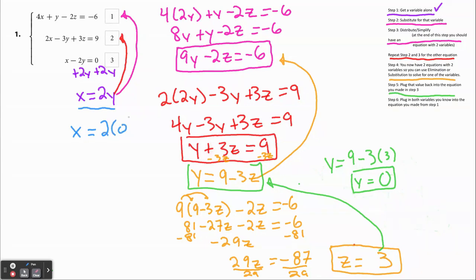So that means that x, my variable here, is also equal to 0. So now I have all three of my variables. I'm finished. Now again, just like when we deal with solving systems, we use this kind of as a coordinate. So x, then y, then z. So what my answer will look like is 0, 0, and negative 3. And that gives me my final answer. Good work, people.